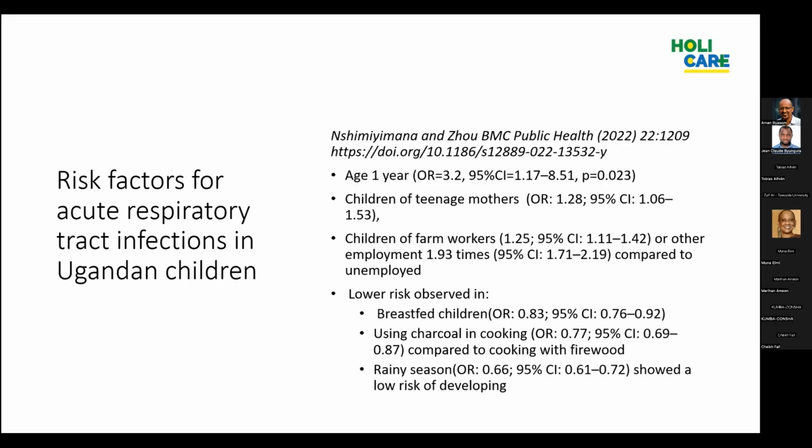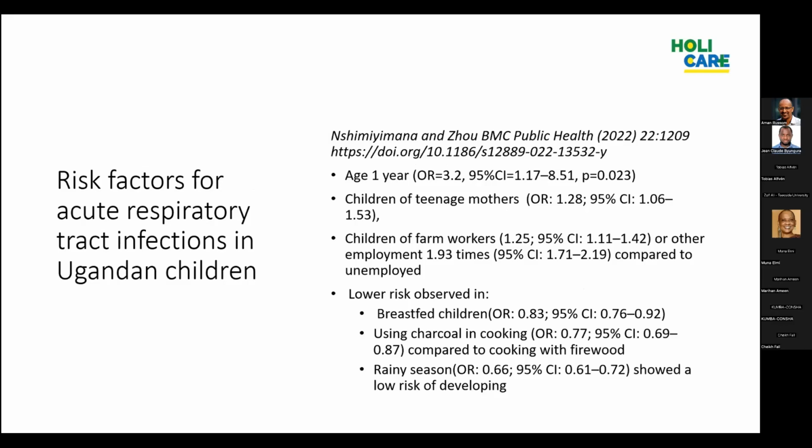So for Uganda per se, several studies have been done, but I just picked out 2, and most of them are in children. And there's this one by Nsimiyamana that really looked at data from the National Demographic and Health Survey.